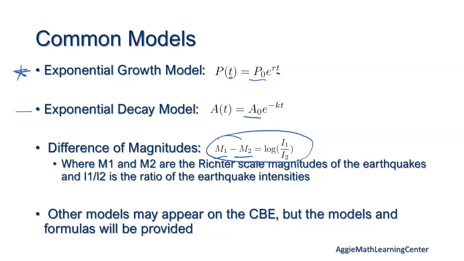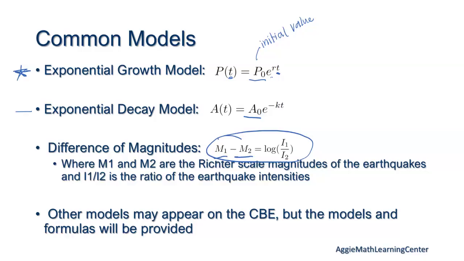Sorry, could you explain what each variable is in the exponential growth model? Yes. So, initial value. E is the growth constant, like it always is, 2.71828, that'll be the same.